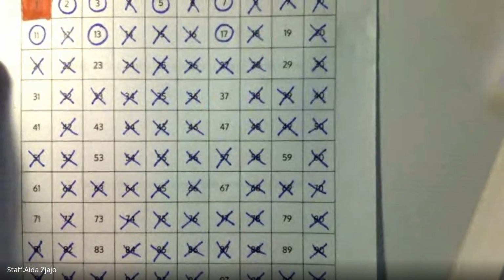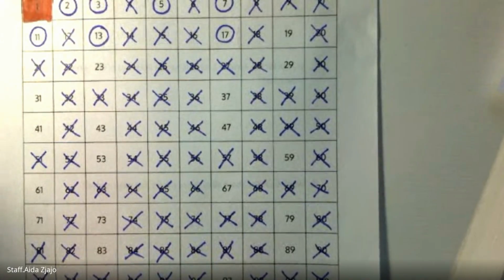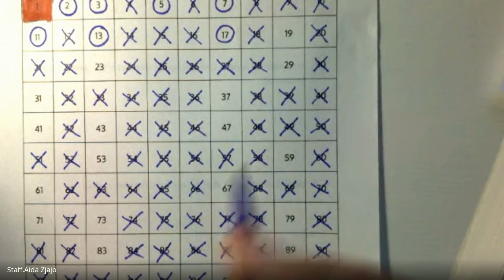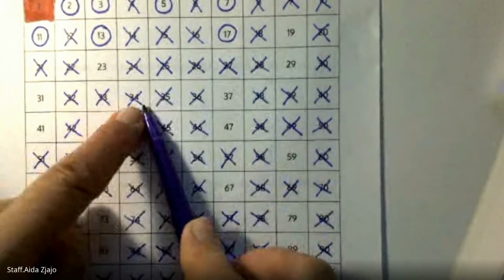17 and 17 is 34, and 34 is already marked.